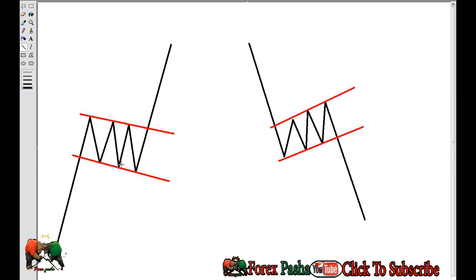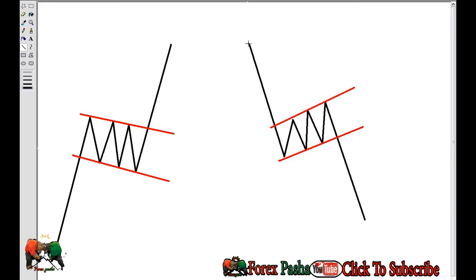Okay, so all the area of consolidation does here is simply allow the pattern time to gather some more fuel, re-energize itself, and then continue in the original trend direction, which in this case is upwards. Then, if we refer to the drawing on the right, we've got a bearish flag, which is a flag that occurs in a selling market.